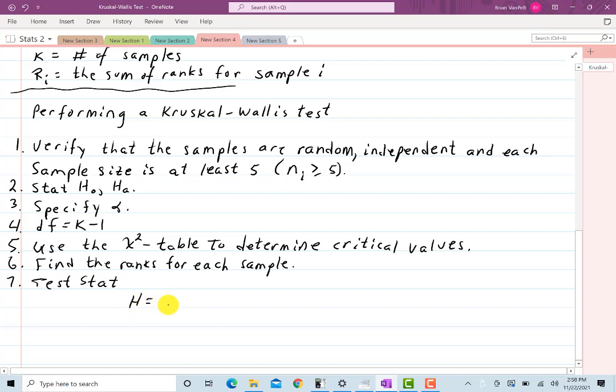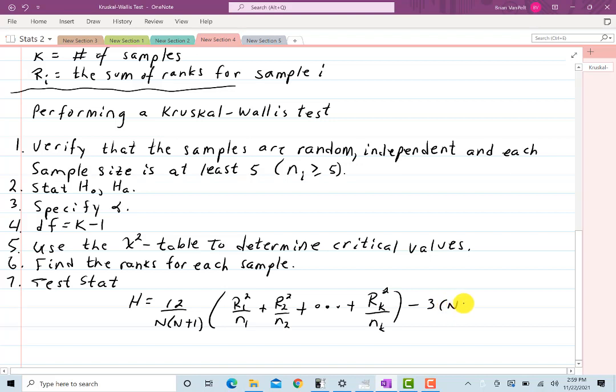We're going to use H equals 12 divided by capital N times capital N plus 1, times R1 squared divided by N1 plus R2 squared divided by N2 plus however many of these you happen to need up until you get to R sub k. Remember, k is the number of samples. And then don't forget this little piece at the end.